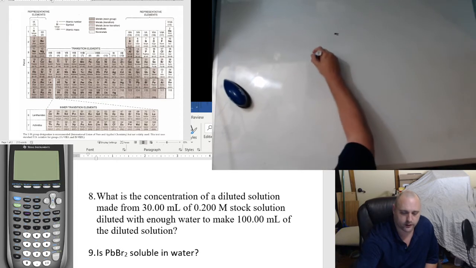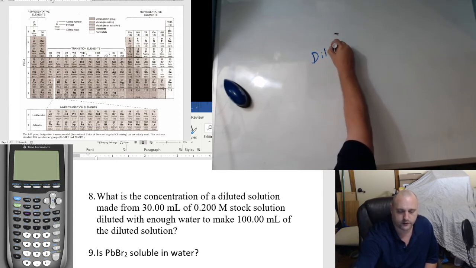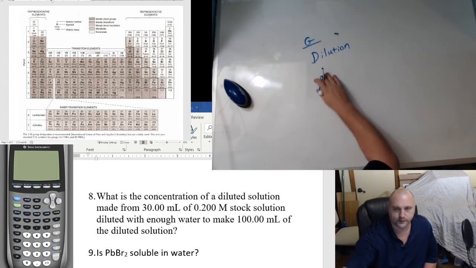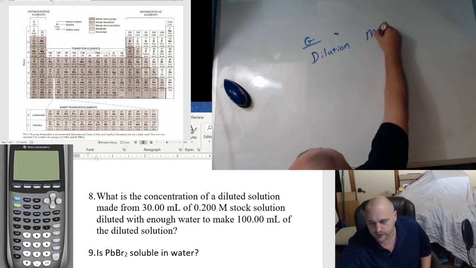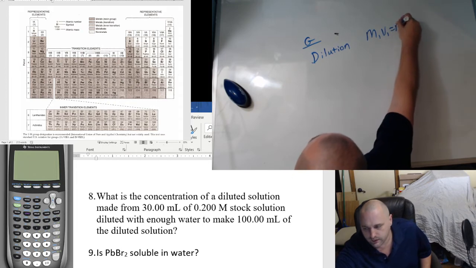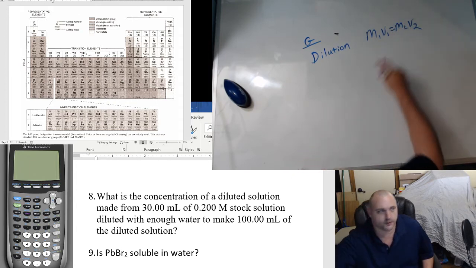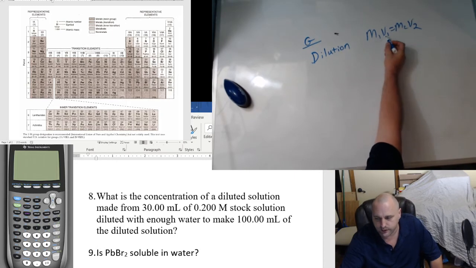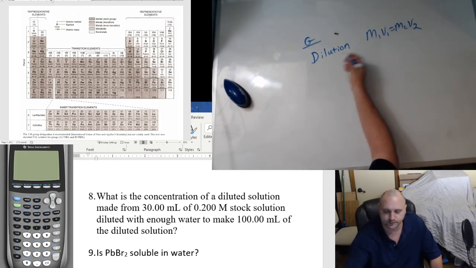All right, so I immediately see the term dilution. So this is what was given. And that equation is on the top of the test in our reference sheet: M1 V1 equals M2 V2, where this is molarity and volume, molarity and volume.